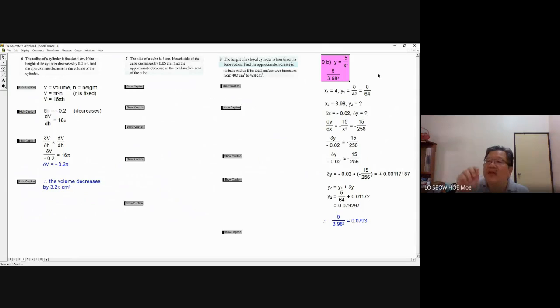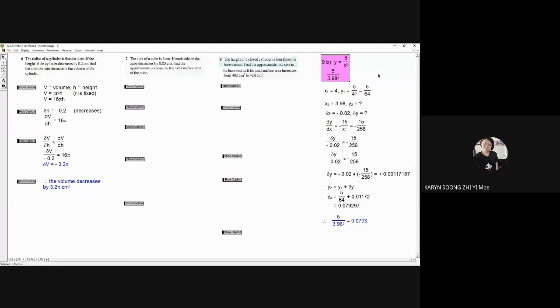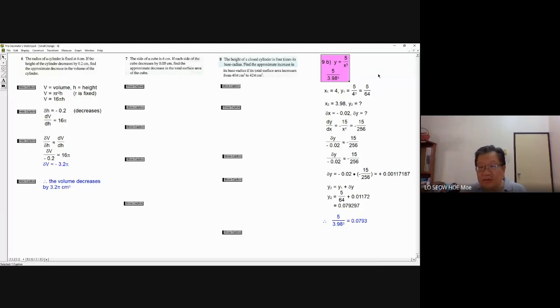So can you think of a number near to this 3.98, which we are going to call X1? What is the number? 4. You use 3, 4, or 5? Which number? 4. Because 4 is the nearest. The 4 is only a difference of 0.02. So we choose X1 to be 4.